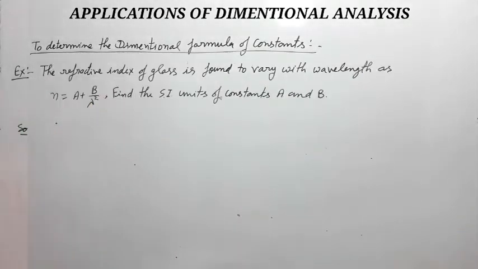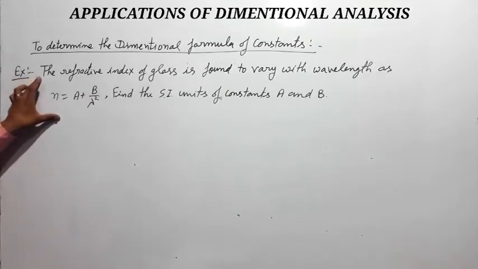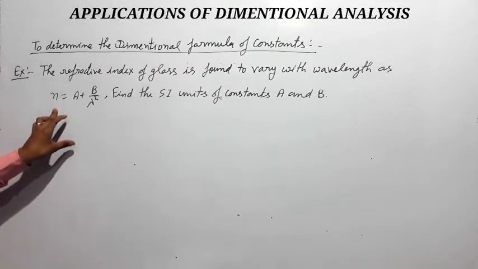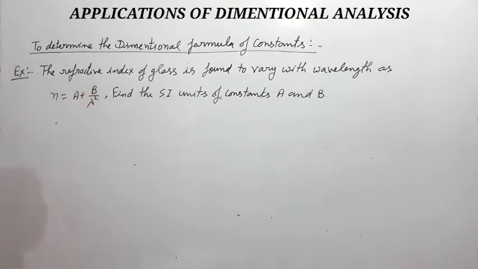Okay. Now in this question, the refractive index of glass is found to vary with wavelength as n = a + b/λ², and we have to calculate the units of constants a and b.